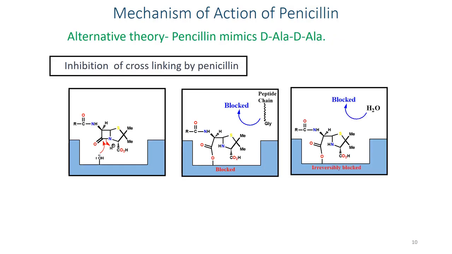But when penicillin comes in contact with transpeptidase enzyme, it covalently binds to the serine of the enzyme, thereby blocking the enzyme, because of which the peptide cannot bind to it. Hence, the cross-linking is inhibited.